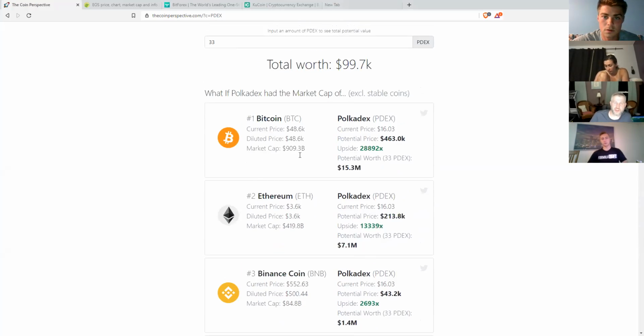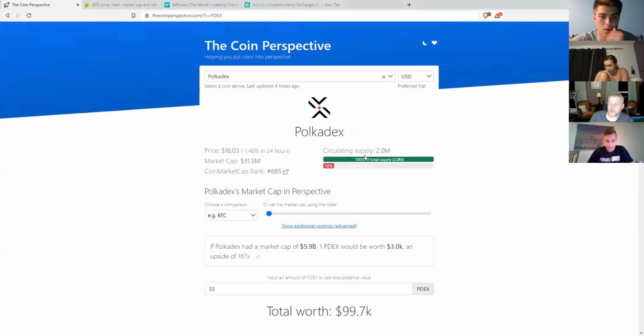So yeah, this just kind of shows you what the PDEX coin is going to actually be like. What is its utilization? I'll send their Telegram.